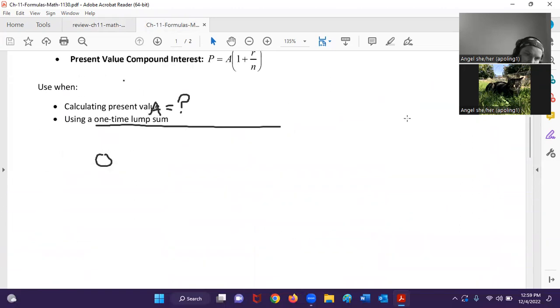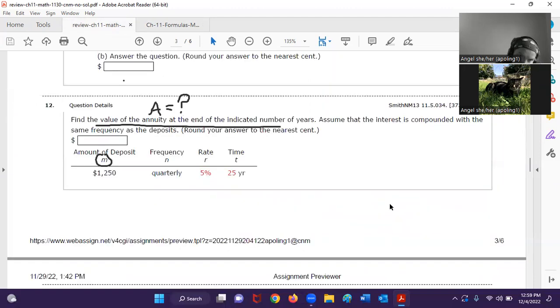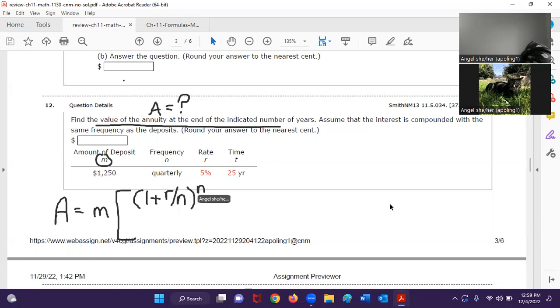So look for annuity. So here's ordinary annuity where they're asking us for A and they're giving us M. So they give us A is equal to M times 1 plus R over N raised to the NT, take away 1, divide by R over N.